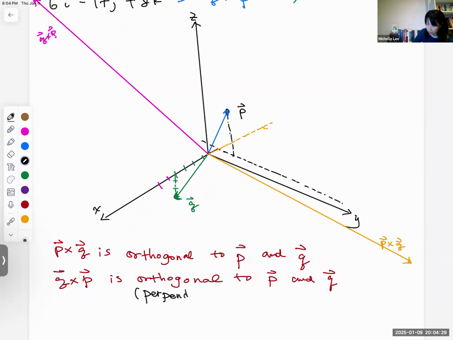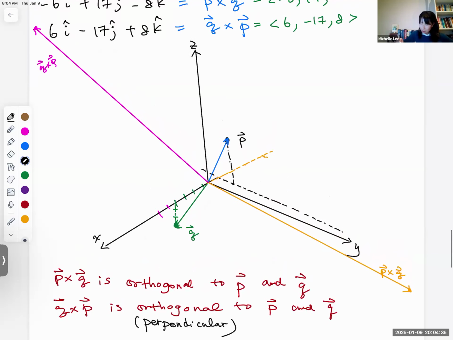Let me write down: the cross product of P and Q is orthogonal to P and Q. Also, the cross product of Q and P is orthogonal to P and Q, right?